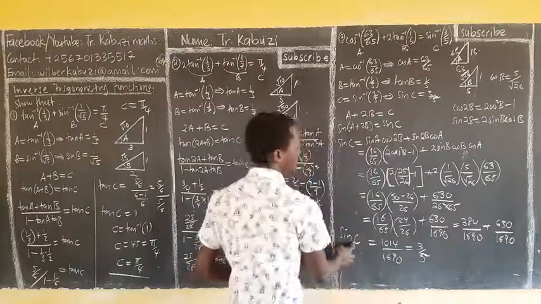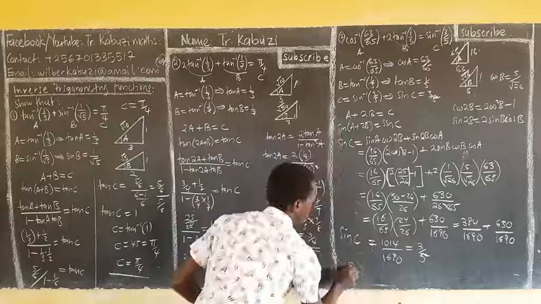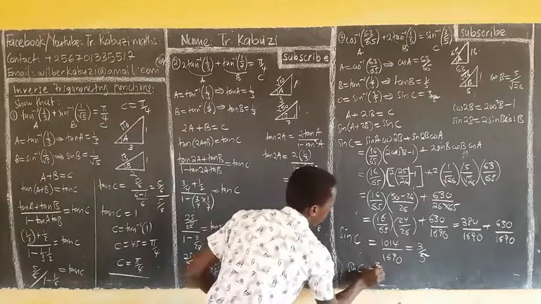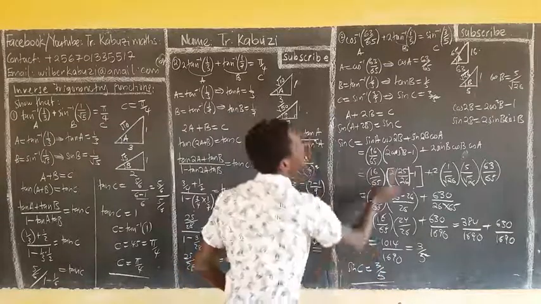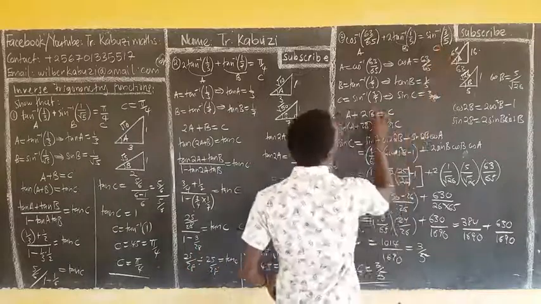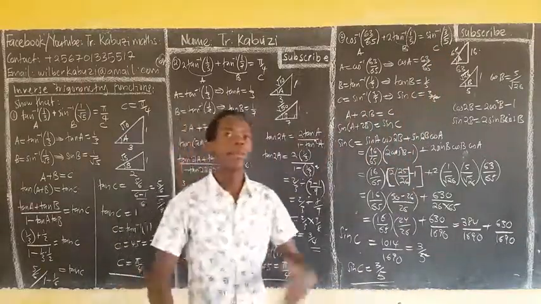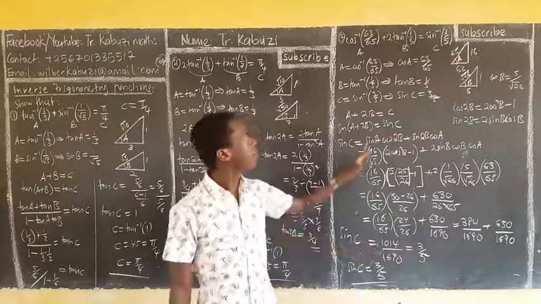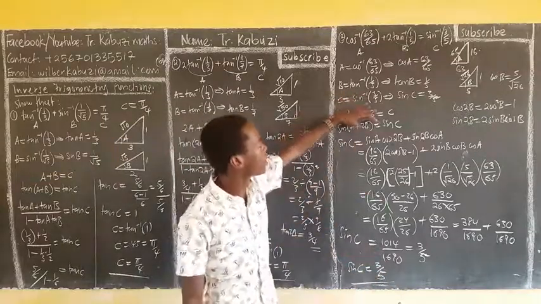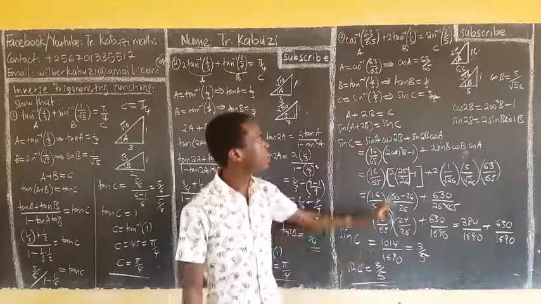So we are showing that now our sine C is 3 over 5, which is what we had here. Our sine C says that, and there the proof is complete. Since this is equal to this, the whole of this is equal to sine C, as we have seen, because our sine C is here.